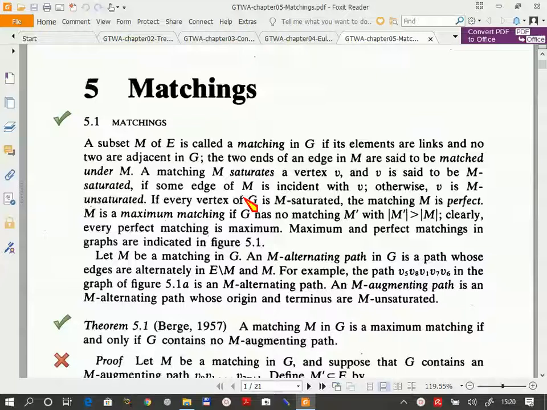Okay? You see what I mean? So any such set of edges is called a matching. And does it relate to the bipartite graph? It is of particular interest in the bipartite graph, but it's not necessarily in the bipartite graph.